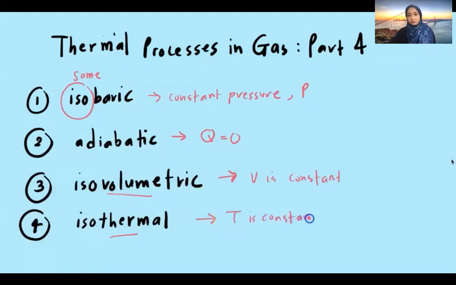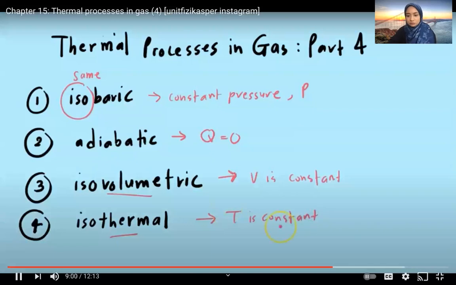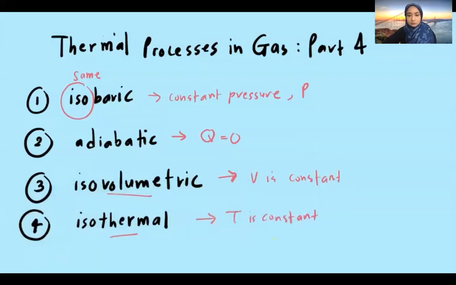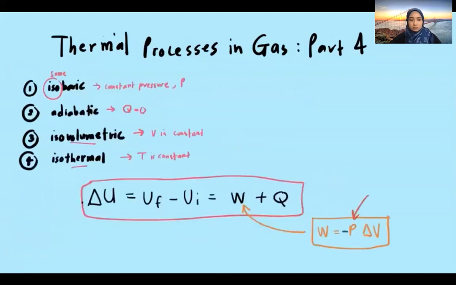Now, where is T in our equation? We have the equation, which is the first law of thermodynamics. Let me copy that really quick. If we were to talk about constant pressure, we know that our W has a constant P. And if we are talking about adiabatic, we know that our Q is supposed to be 0, which means that if this guy is 0, then delta U is equal to W, because Q is 0.